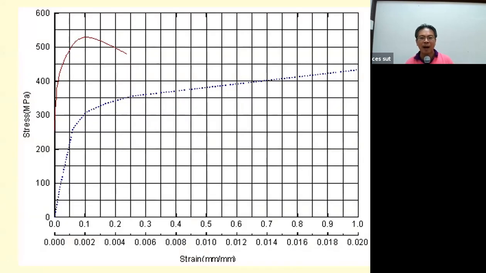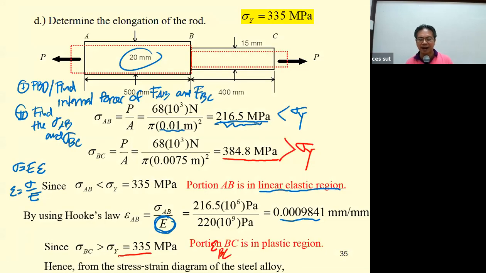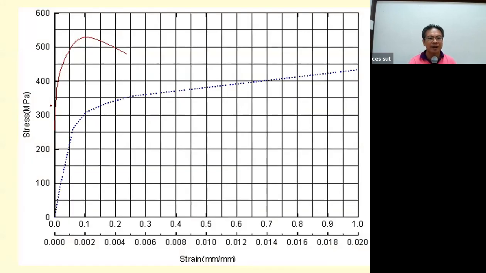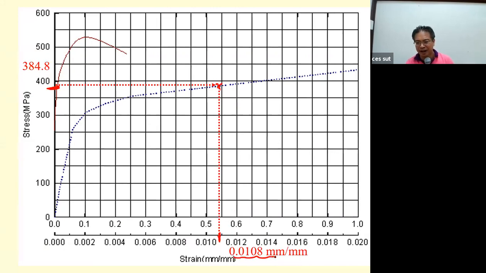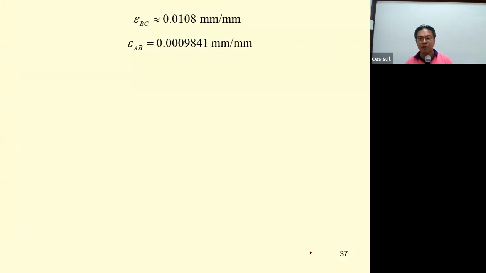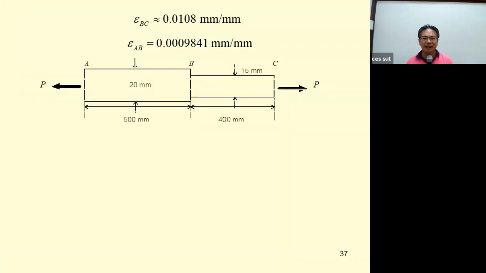So go back to this one, 384.8 something here. You project this one and find the strain here. So you read it from this graph, using the scale. Now you have the strain for the plastic and the strain for the elastic.